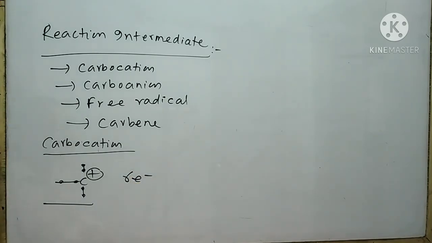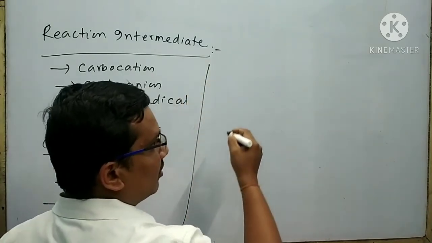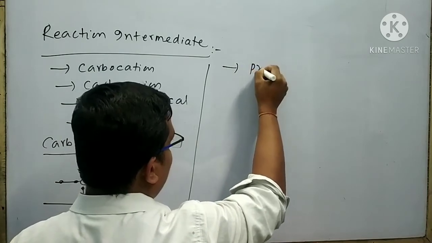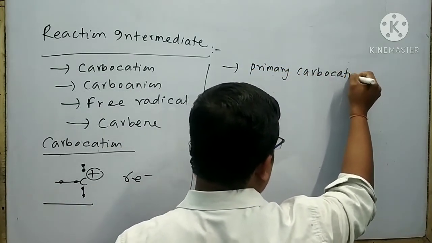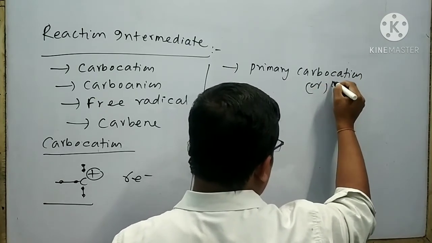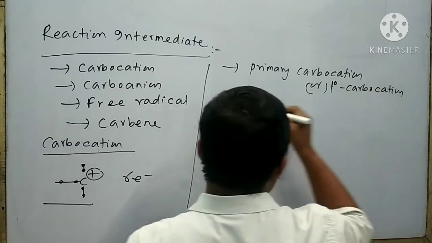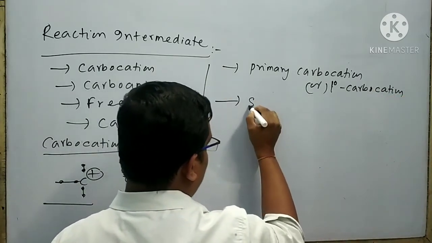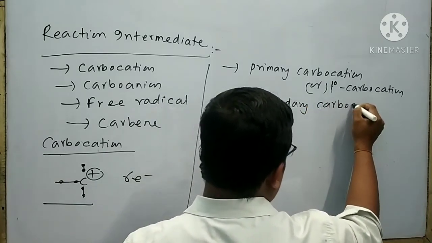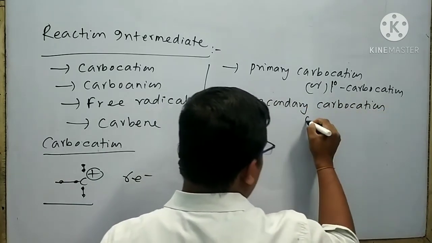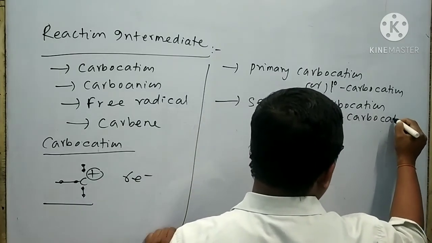valence shell. There are different types of carbocation: number 1 is primary carbocation, also called 1 degree carbocation. The second is secondary carbocation, also called 2 degree carbocation.